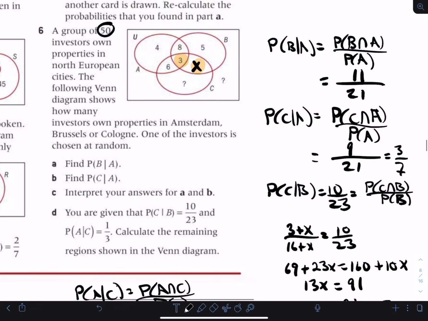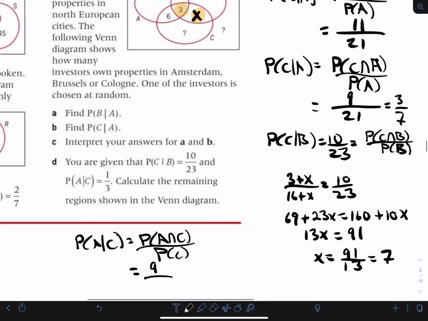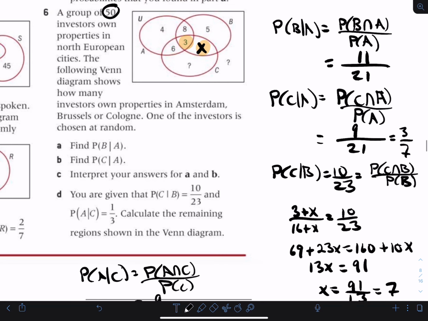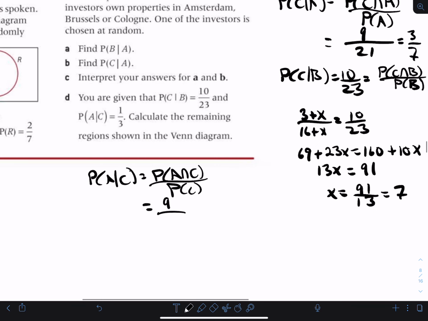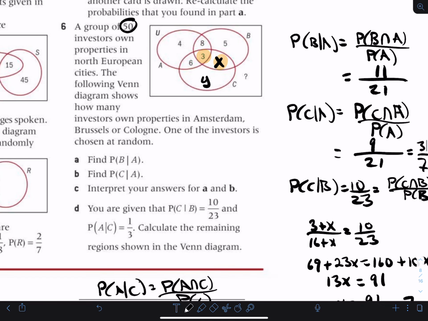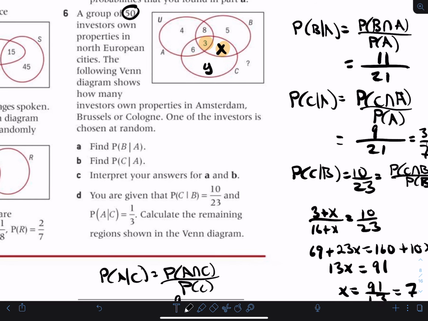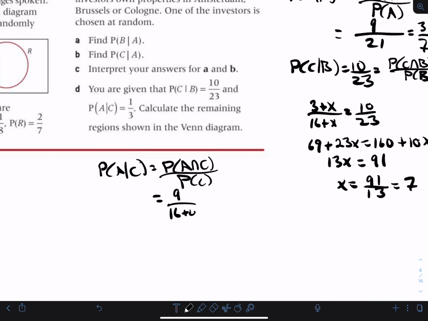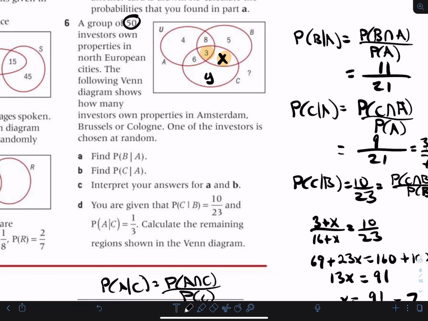And the probability of C is 6 plus 3 plus what we know now, 7, so 16 plus, let's call this y. 16 plus y, and that's equal to 1 out of 3. Very nice. So 16 plus y equals 27, so y will be equal to 11. So we've got 11 on that one. We got 7 on that one.